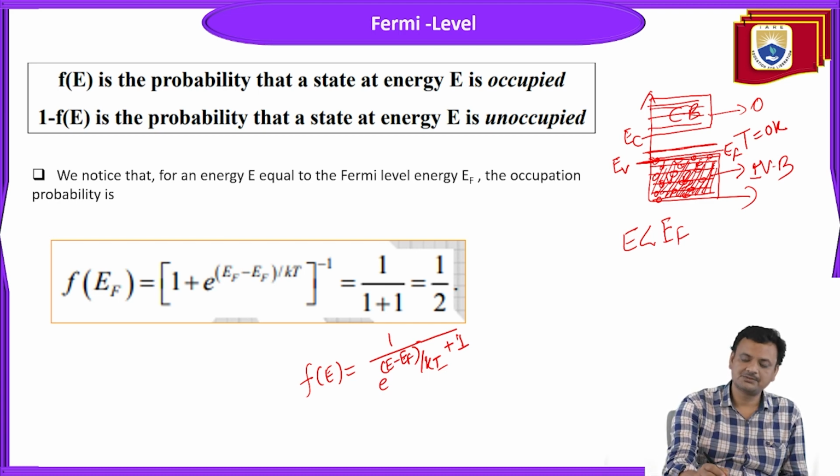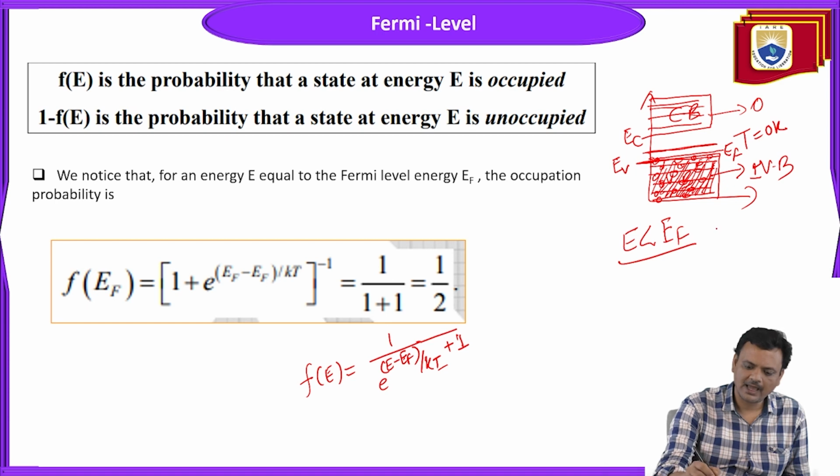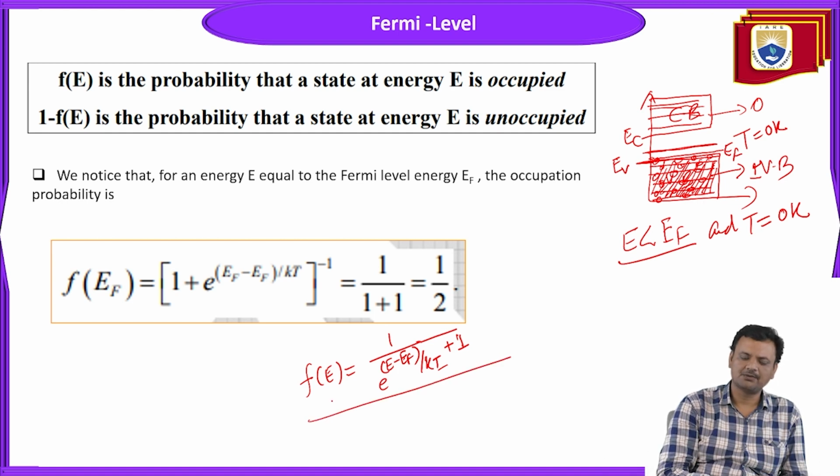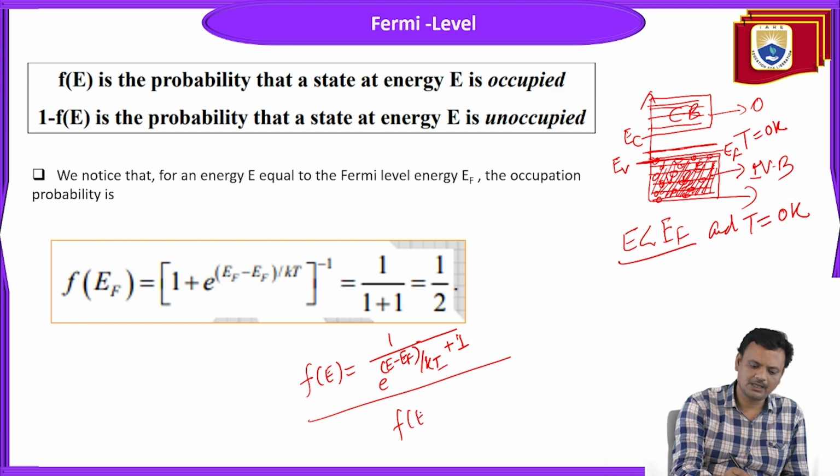So for the case when E is less than EF and the temperature is equal to 0 Kelvin, what will be the form of this expression? f(E) is equal to 1 upon, now E will be less than EF. So this whole term will be some negative value, e to the power some negative value.